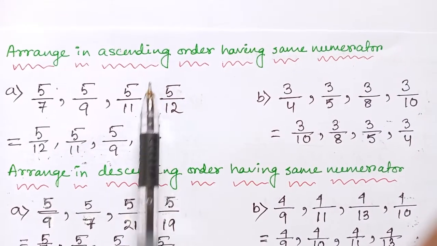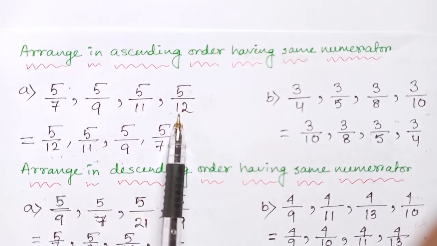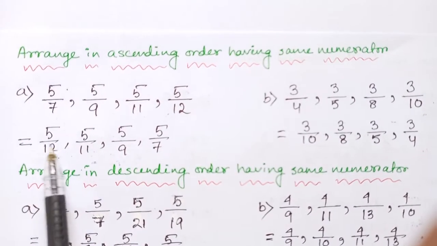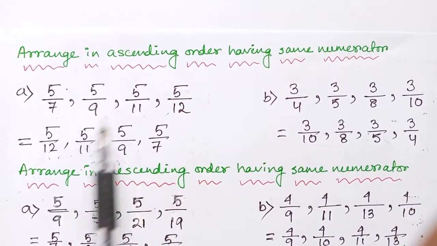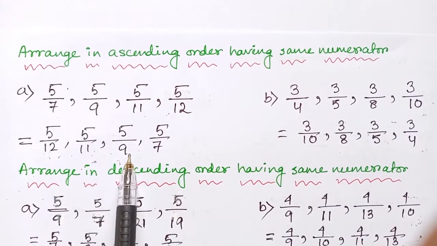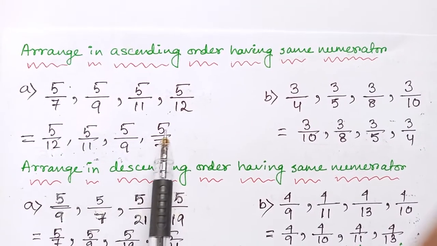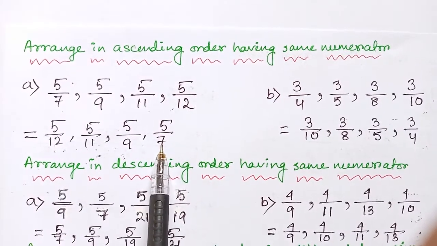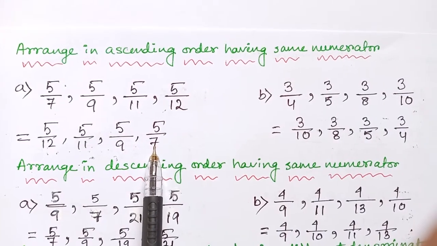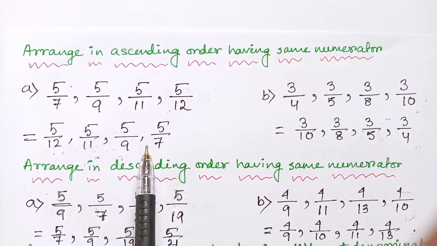So having the greater denominator is the smaller fraction, that is 12 is the greater denominator, which is the smallest fraction. After that 11, that is 5 by 11, then 5 by 9, then 5 by 7 is the larger fraction in this whole fraction as the denominator is the smallest one. So this is the arrangement of this fraction in ascending order.